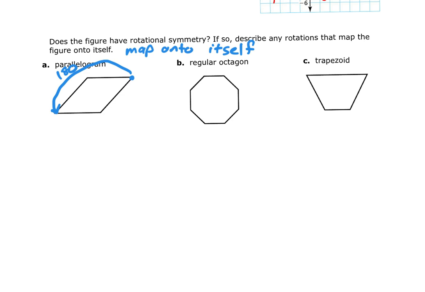We're taking that figure and rotating it, basically flipping it, and it's going to be right back where it started. Notice that it says symmetry. It's got to be right back on top of itself. If I flip it 90 degrees, it's going to be sitting kind of up on edge. That's not going to be back on itself. So I'm going to have to flip it basically to the opposite side of itself, to end up landing back on the same spot that I was.